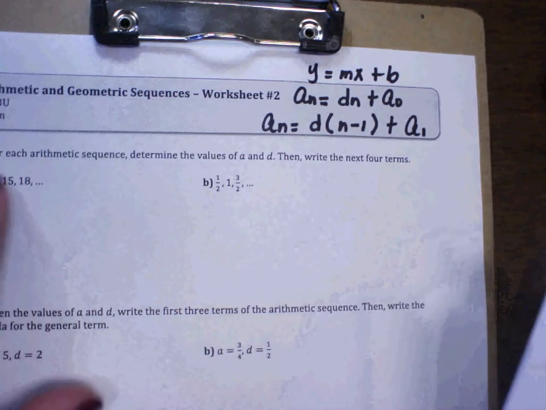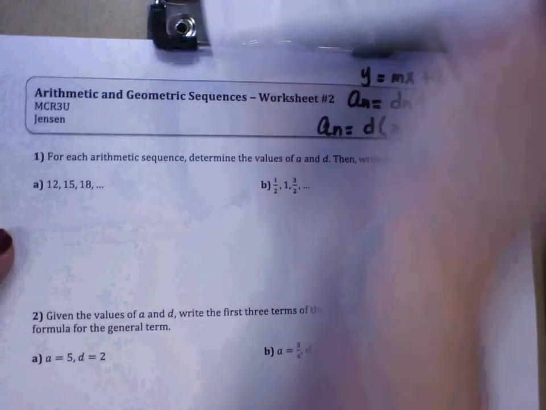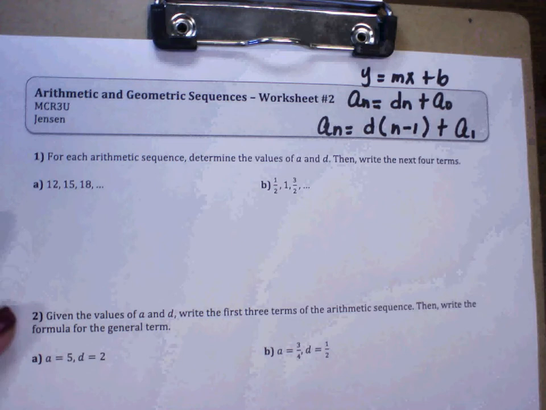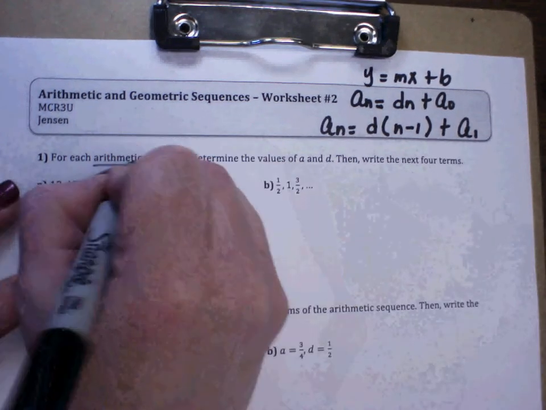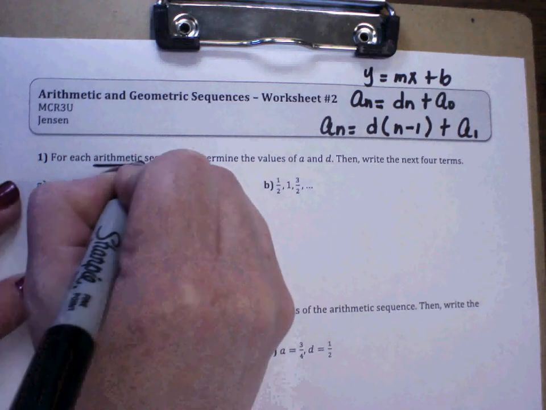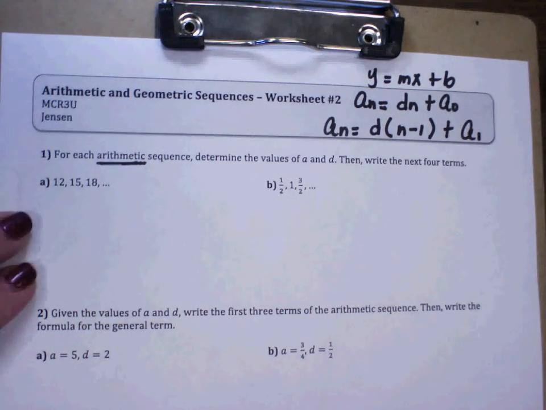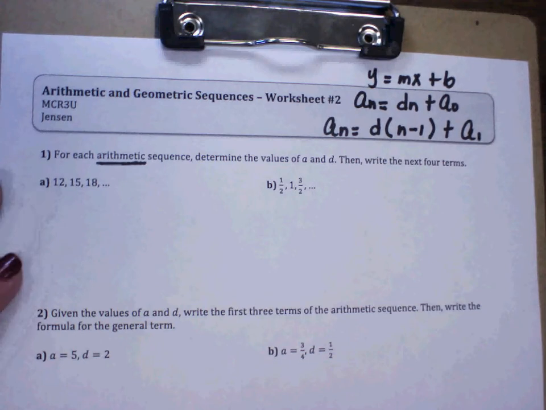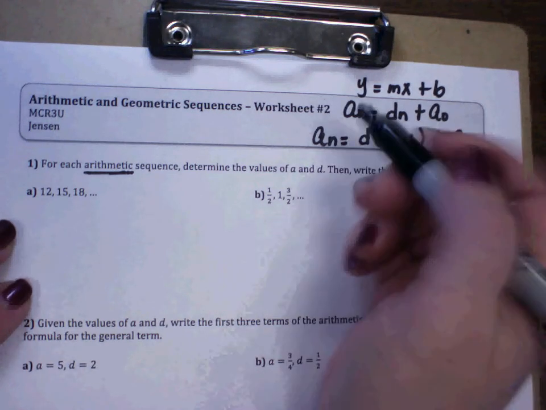All right, for each arithmetic sequence, determine the values of A and D. So how do you think we need to do this? It's arithmetic, right? All right. So what would that give me? Okay, I need the formula.